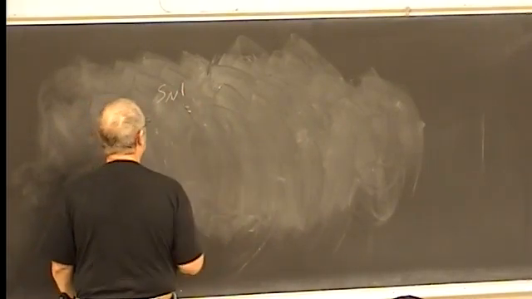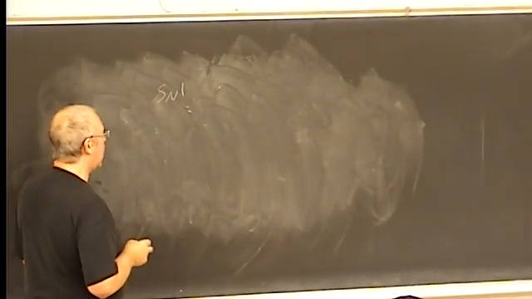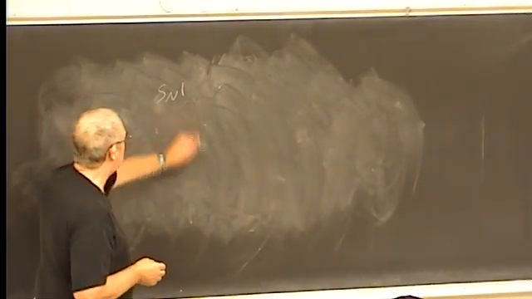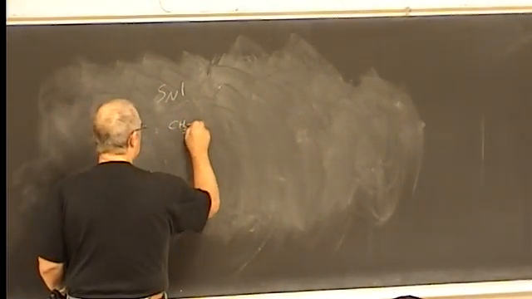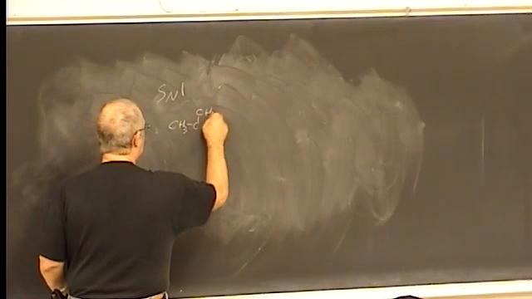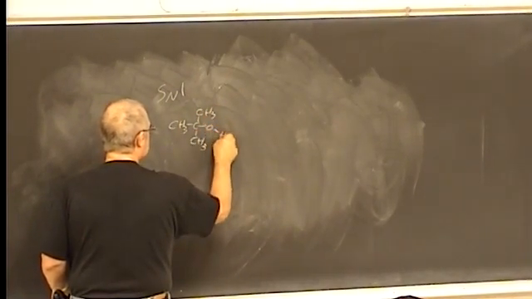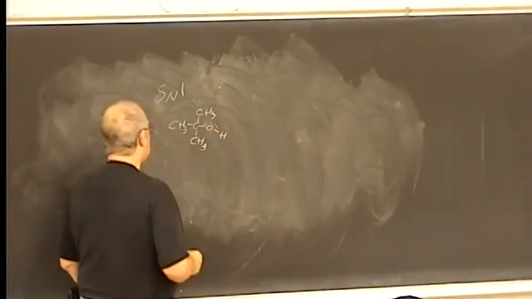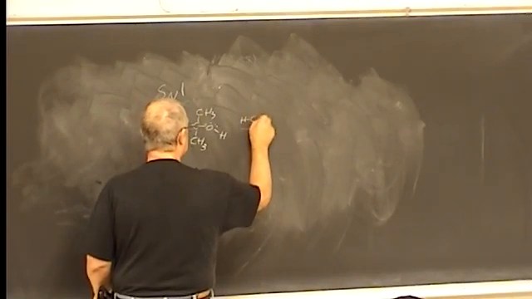SN1. This is a first order reaction. This occurs in 2 steps or 3 steps, as in the case of our lab. We'll be making tertiary butyl chloride. In this case, OH is a poor leaving group, and so we need to protonate the oxygen first.